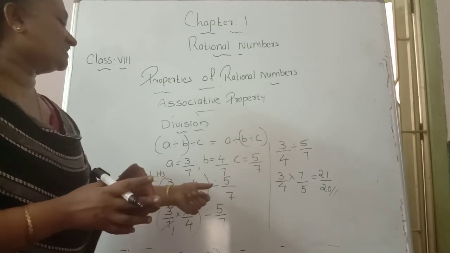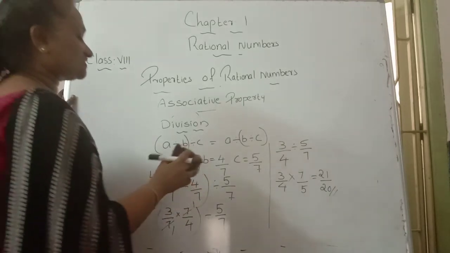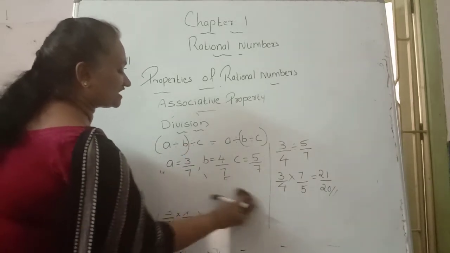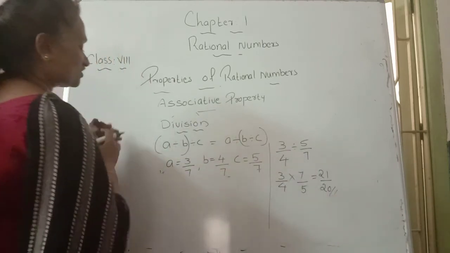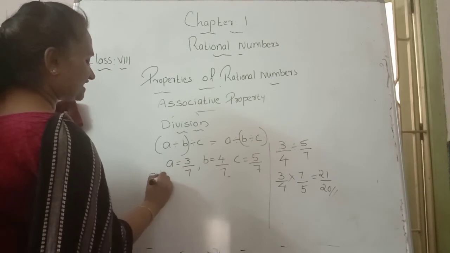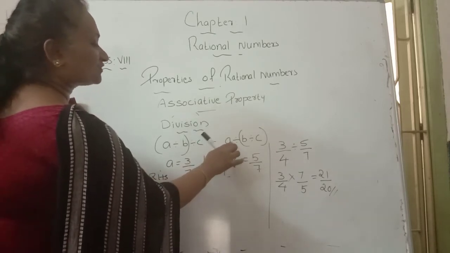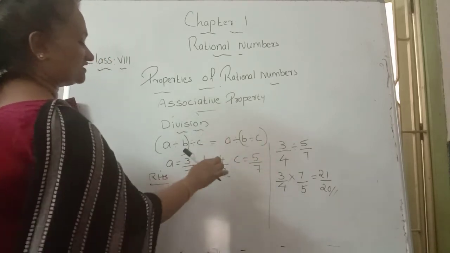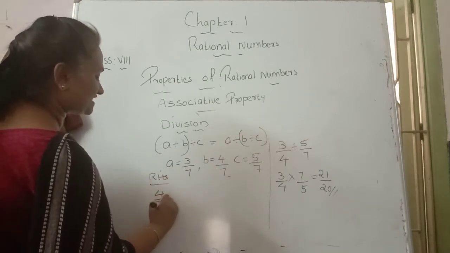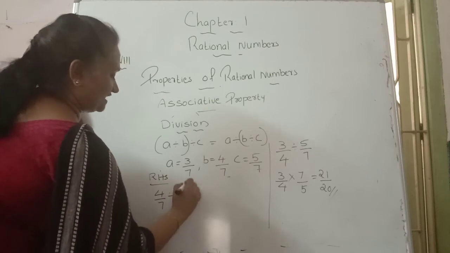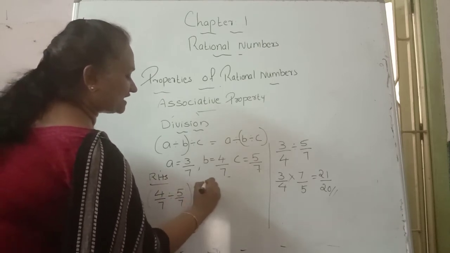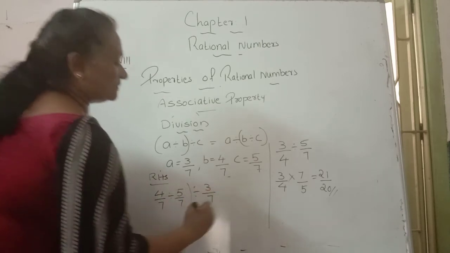We want to check whether the right side case is also the same, whether 21 by 20 is coming or not. In the RHS case, first we take the B value, 4 by 7, divided with the C value, 5 by 7, and that is divided into the A value, 3 by 7.